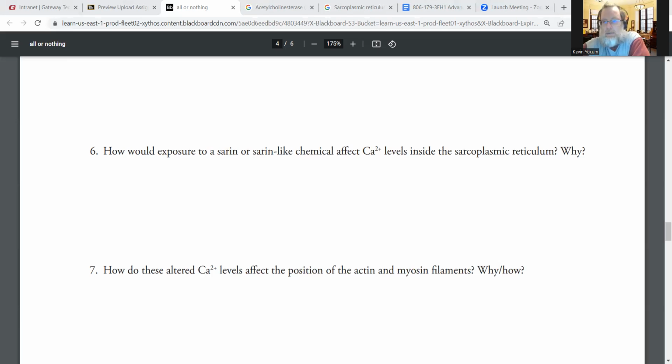Once calcium leaves the sarcoplasmic reticulum, remember, it binds to the troponin complex, causing the tropomyosin twist, and then we get exposure of the myosin binding site. Anyhow, that's number 6.